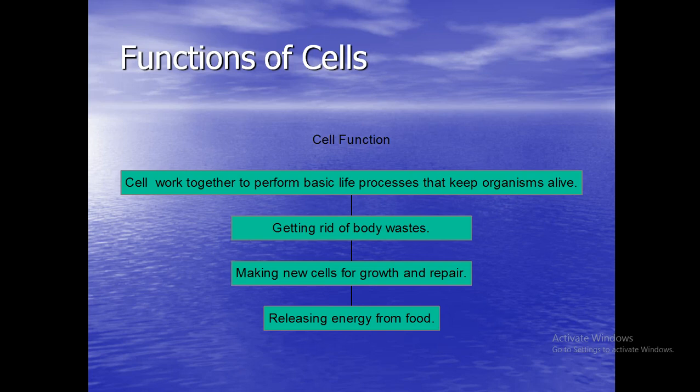Then only the organism remains alive. Suppose some cells start behaving erratically, where they do not work together and fail to carry out the basic life processes, then it will lead to the death of the organism.